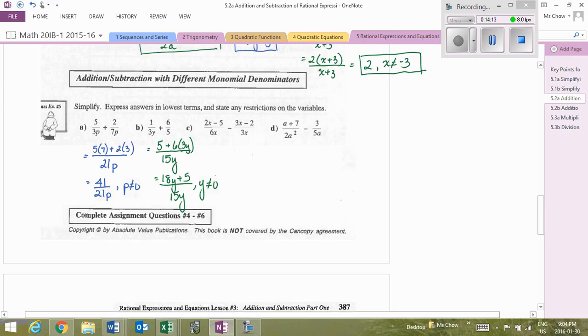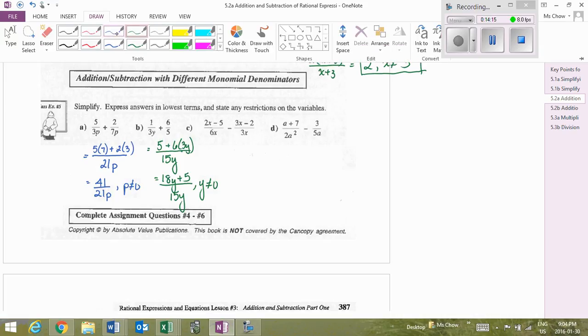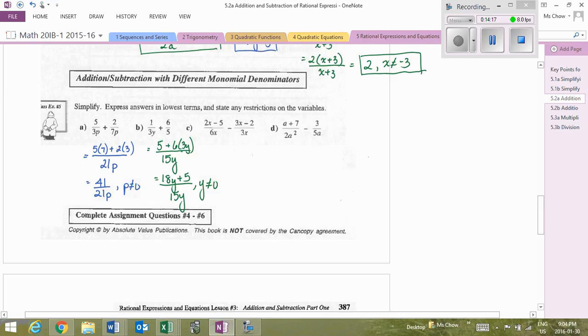For the second one, common denominator, why do I keep saying second one? Third one, part C, we're looking at a common denominator of 6x. The first numerator stays the same, 2x minus 5, and then I'm subtracting, and I need to multiply top and bottom by 2, so I'm going to distribute in a -2 into the 3x minus 2.